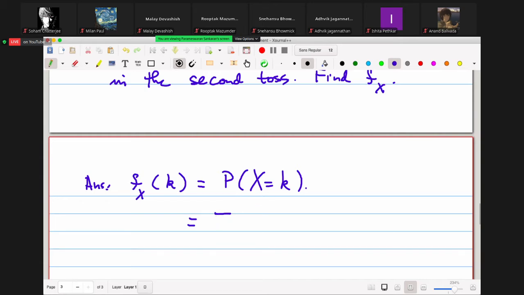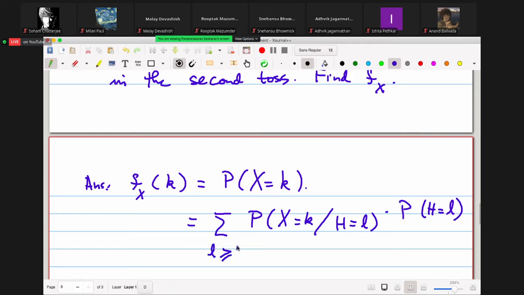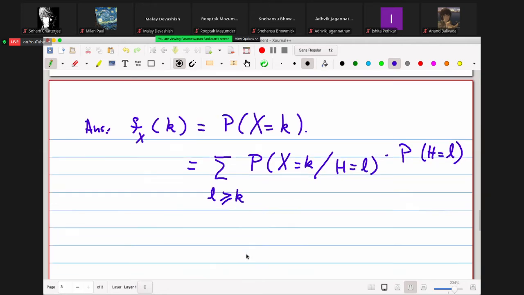So we sum over L the probability that X is equal to k given that H is equal to L, times the probability that H is equal to L. This is a basic thing that we are using. And L better be at least k, otherwise this term will be 0. So L is bigger than or equal to k.